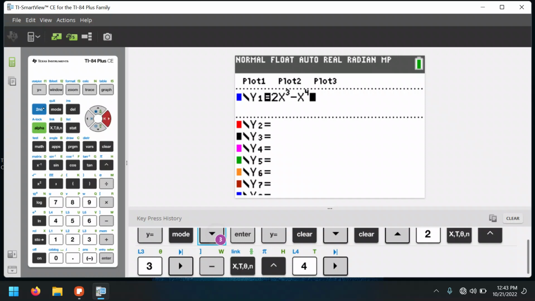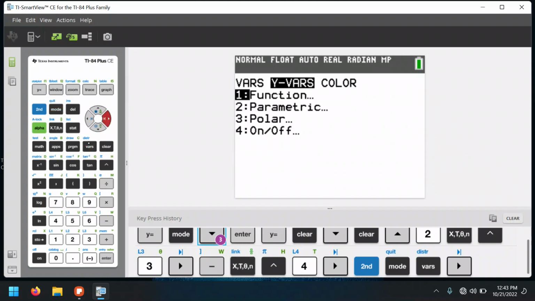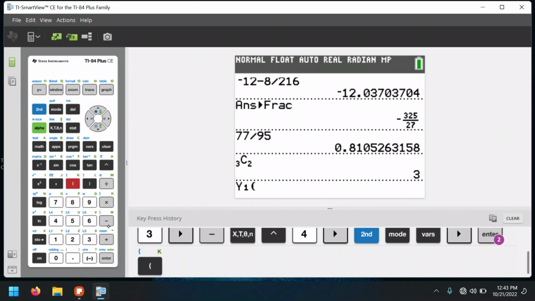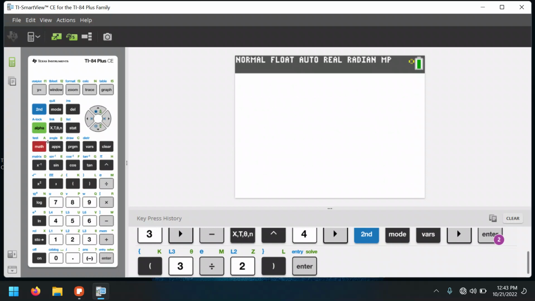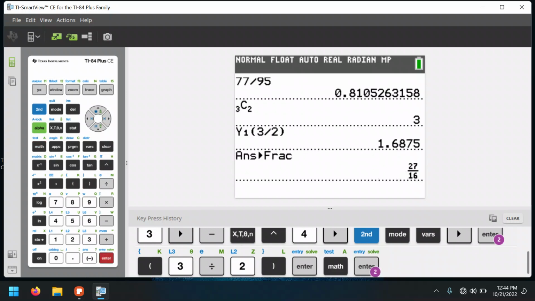And well, let me first quit. Let me compute the value. Vars, Y-Vars, Function, Y1 evaluated at 3/2. And go Math, Frac to get the exact value. 27/16.